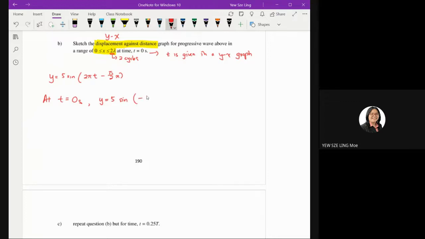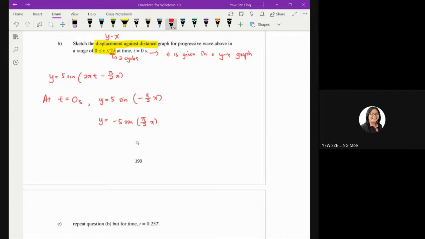Therefore, you are left with just negative pi over 2 x. Okay, negative pi over 2 x. So this negative, we cannot leave it in the bracket. We need to take it out. So you take it out, it becomes y equals to negative 5 sine pi over 2 x. So this is the equation that we have.